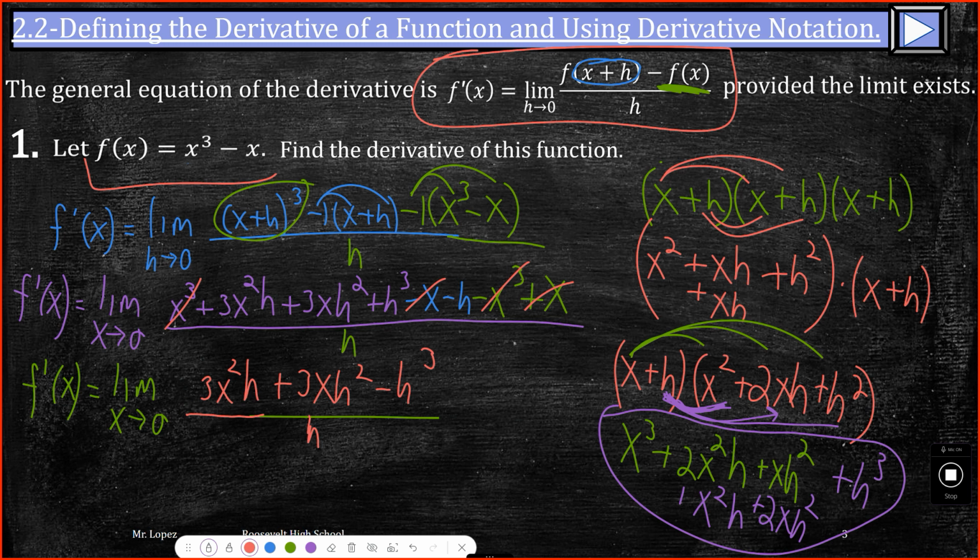Can we factor out an h from the top? Somebody say yes. Extra credit. Can we all factor out an h from the top? Factor it out? H cubed is supposed to be positive. Where? Oh, plus? And then minus h out.